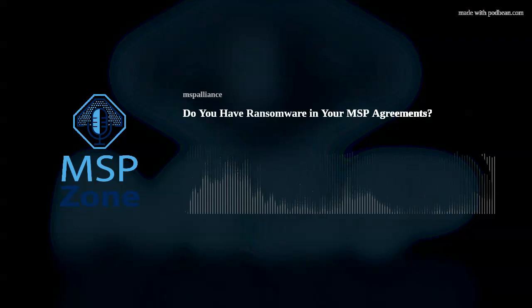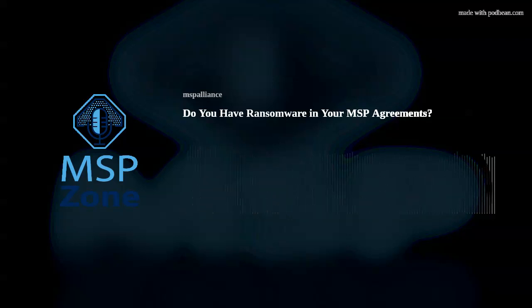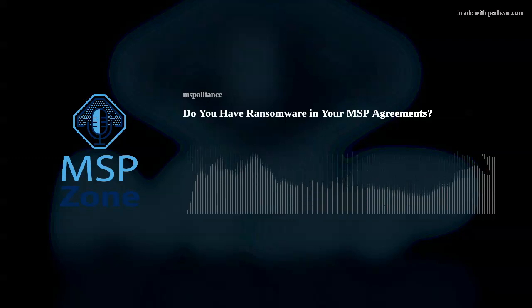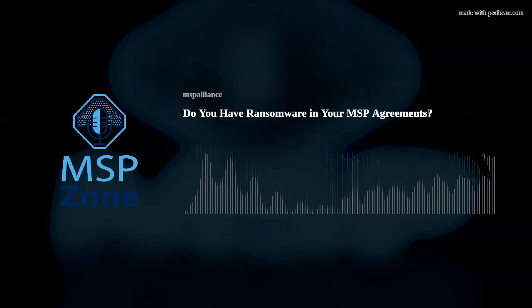Is this an assumption of risk, Rob? No, this is a clarity and transparency of the legal terms and conditions that will govern the relationship.